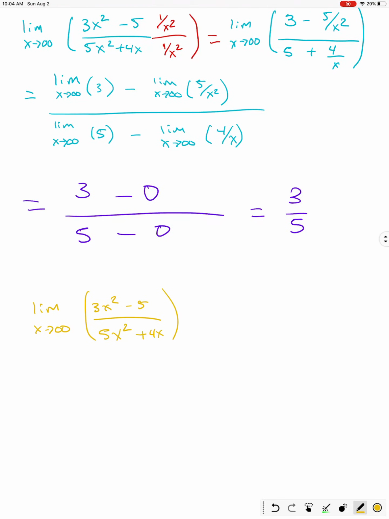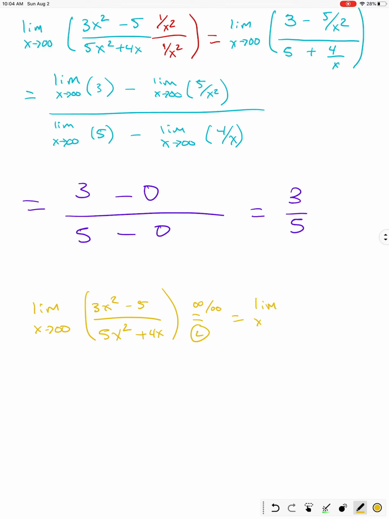To use L'Hopital's rule, I would have to demonstrate that I have infinity over infinity when I apply the limit directly. So this equals infinity over infinity, and maybe some people write it like that.